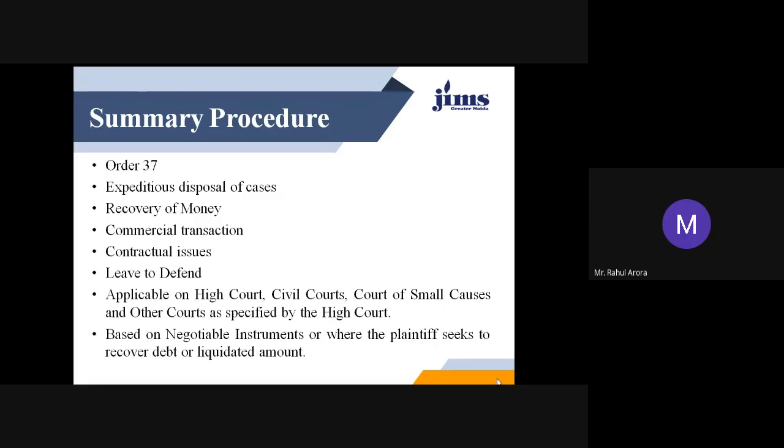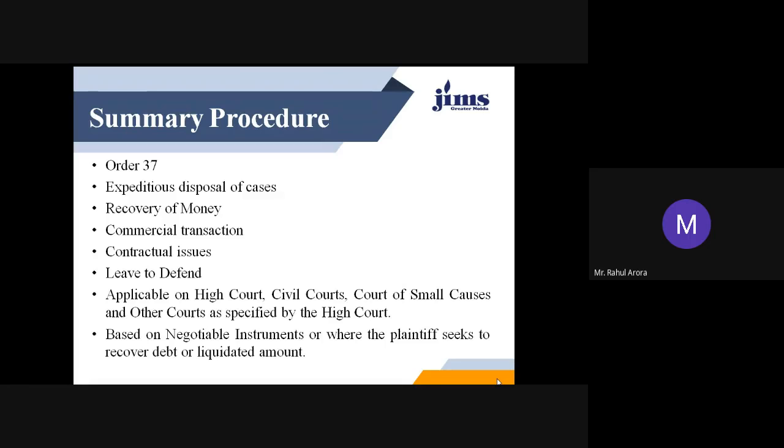Now I will move further, my dear students. As I had already apprised you, under summary suit the defendant does not have a statutory right to defend himself. So he has to take the prior permission of the court, either in writing or orally. And this permission is known as leave to defend.